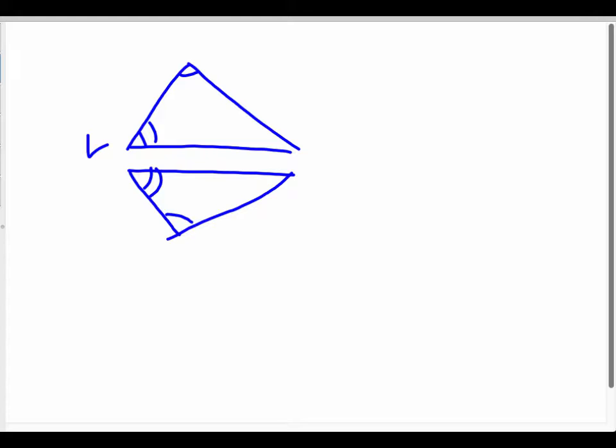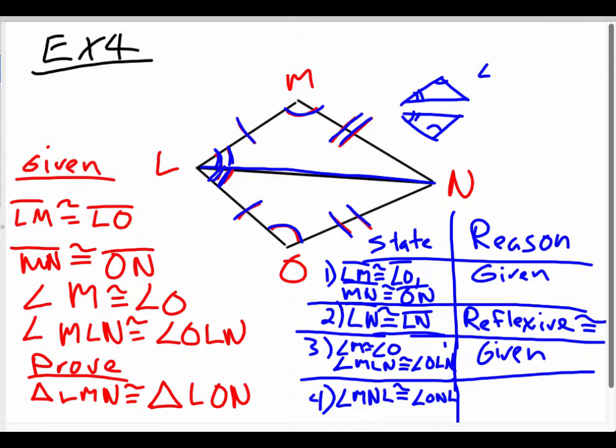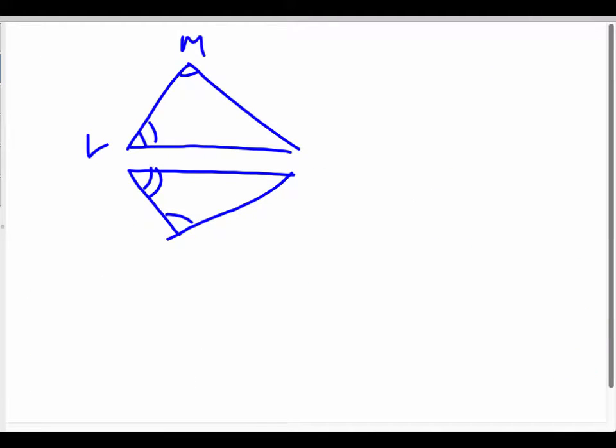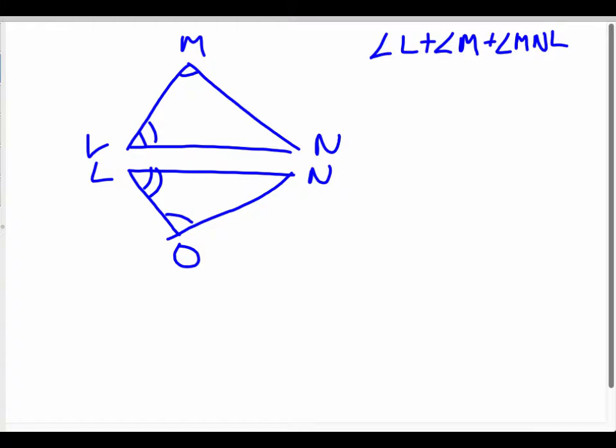This is L. LMN? Okay. LMN. And then this is N, and then this is O, and this is L. All right? Now watch this. If I say angle L plus angle M plus angle MNL, that's this angle plus this angle plus this angle.